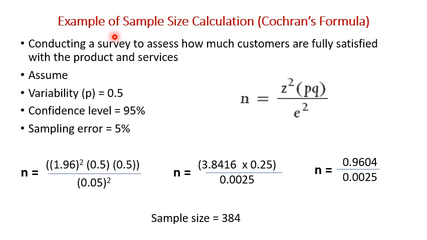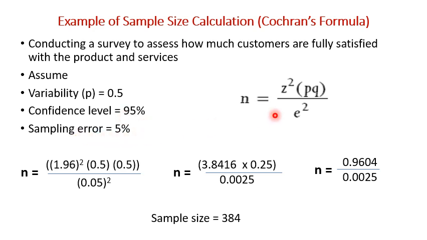Let's look at an example of sample size calculation using Cochran's formula. Here, we are conducting a survey to assess how much customers are fully satisfied with the product and services. We want to select a sample from the population. Assume variability p is equal to 0.5, confidence level 95%, sampling error 5%.